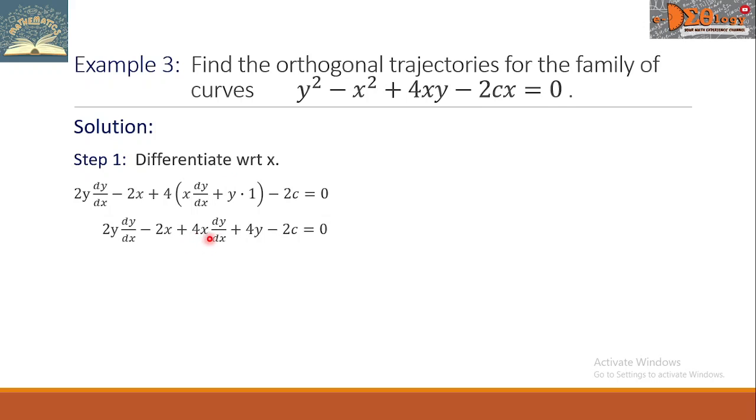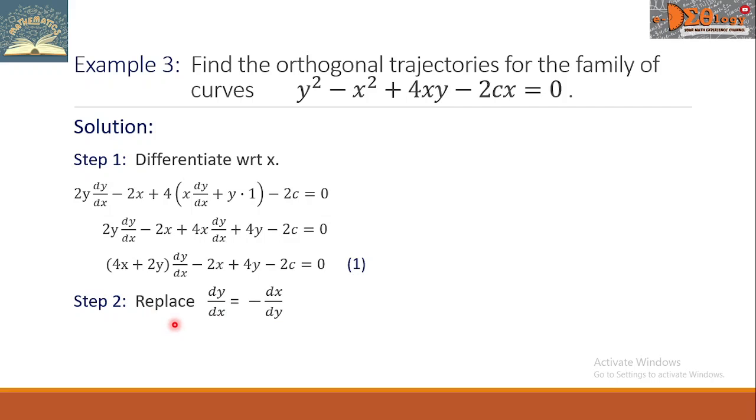So we have 4x dy over dx plus 4y. Next thing to do is to group the terms with dy over dx. We put the dy over dx as common, and the remaining values will be 4x plus 2y, and the quantity is multiplied by dy over dx. We regard this as equation 1.